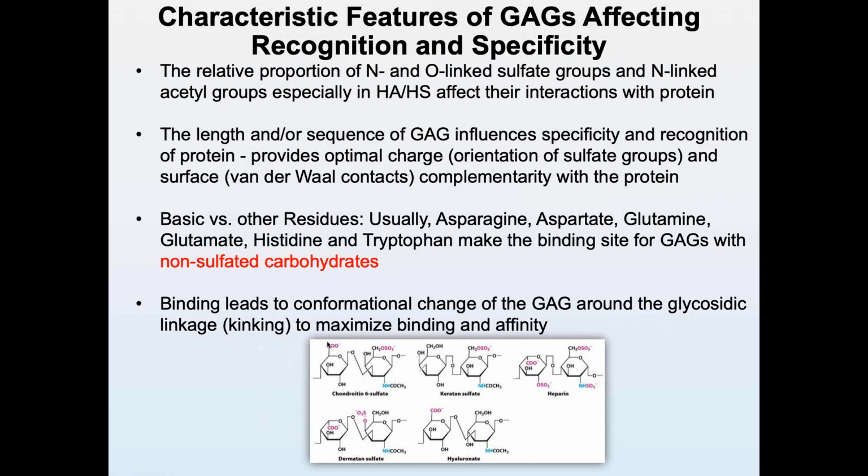The GAG has to orient in a certain way, and it occurs around the glycosidic bond. If there is no change in the glycosidic bond, then you don't get a kinking and you don't get maximal binding or affinity. We'll talk more about this in the next slide.